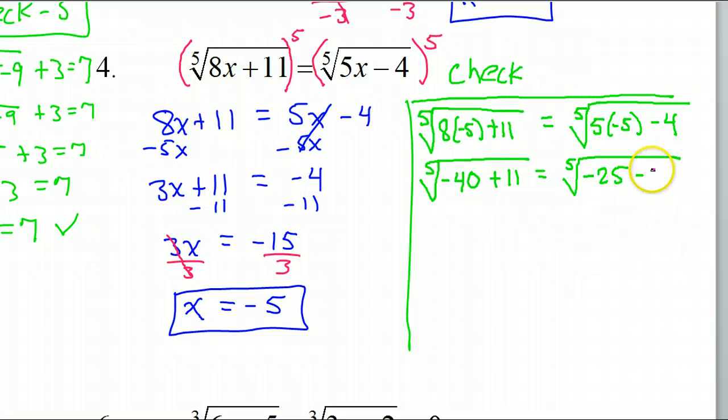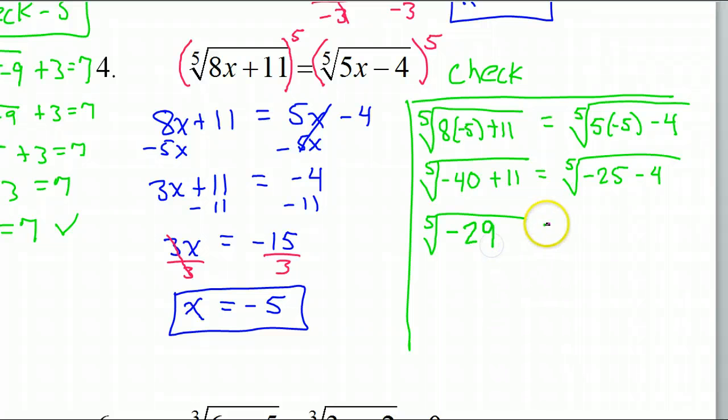And so that's negative 25 minus 4. Okay, so fifth root. Negative 40 plus 11 is negative 29. And negative 25 minus 4 is also negative 29.